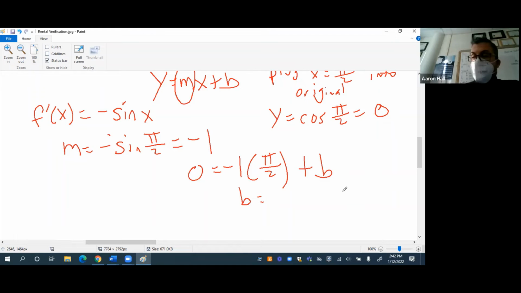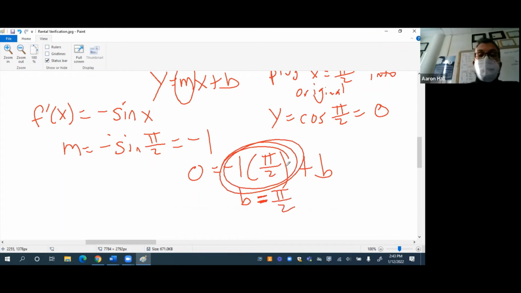So b equals what? Kata, what does b equal? Yeah, just pi halves. This gives us negative pi halves, and then we add pi halves to both sides. Pi halves plus 0 is just 0, and so I just get b equals pi halves.